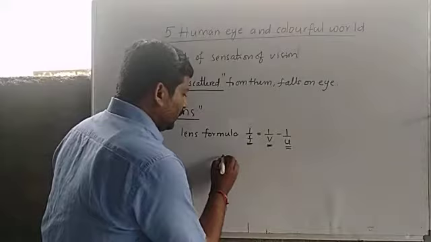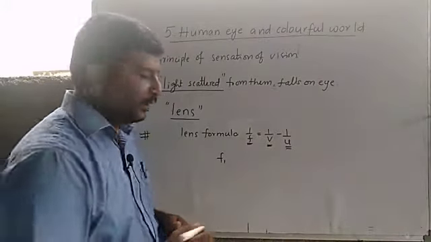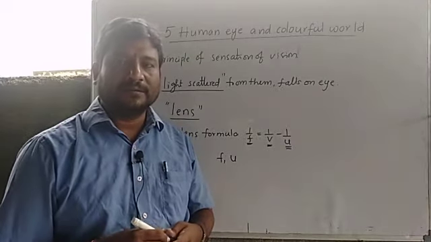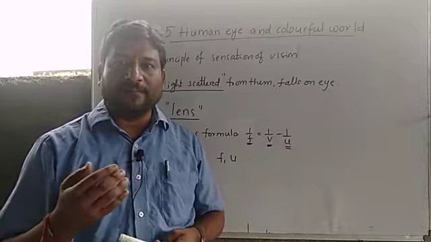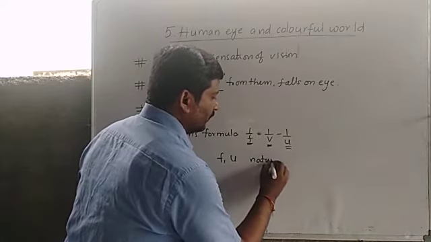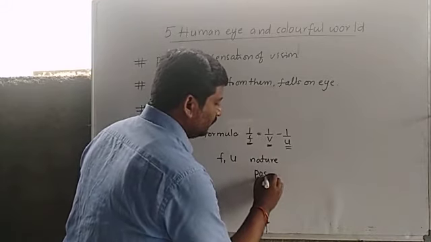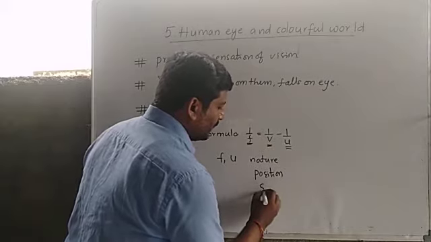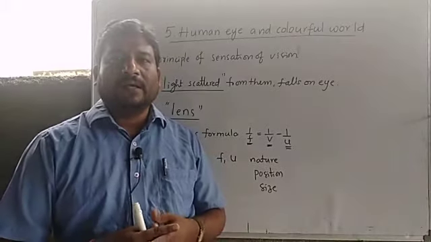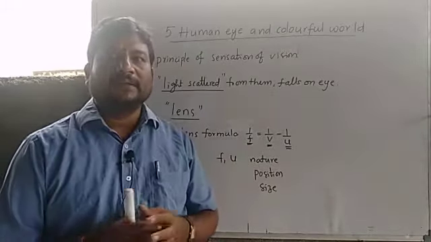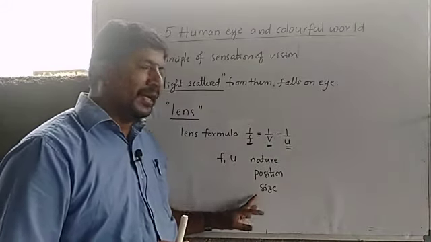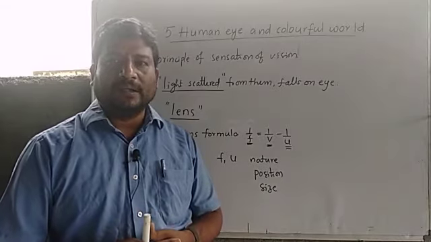Here, the focal length of lens and object distance determine the nature, position, and size of image.